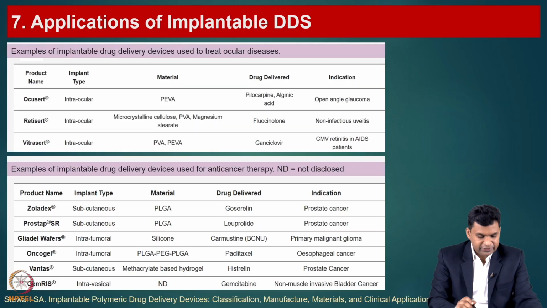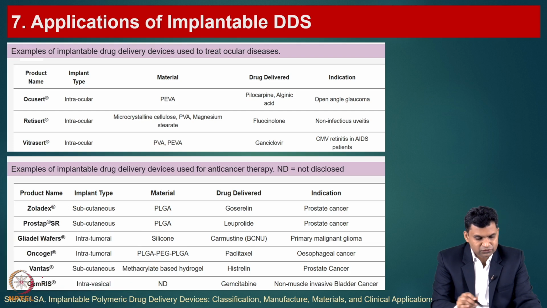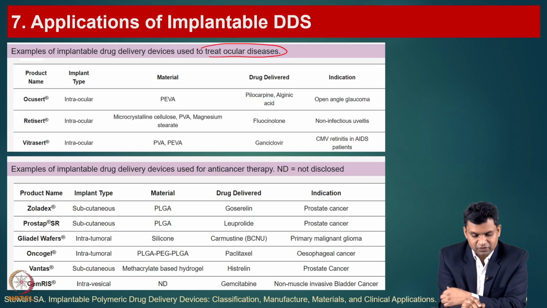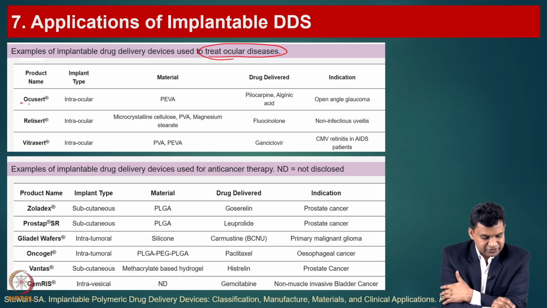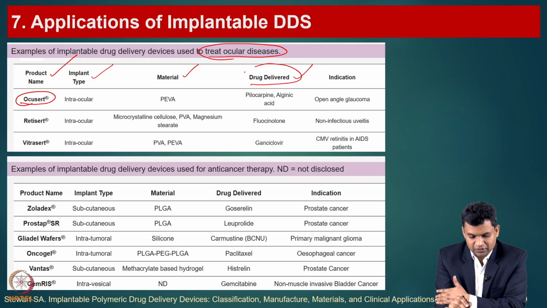So, these are a few examples. Now, you can see I have again given the classification. These are the implants used for the treatment of ocular disease, as I mentioned. These are the product names, the implant types, the materials used, the drugs delivered, and the indications.